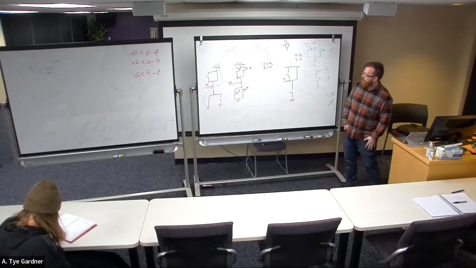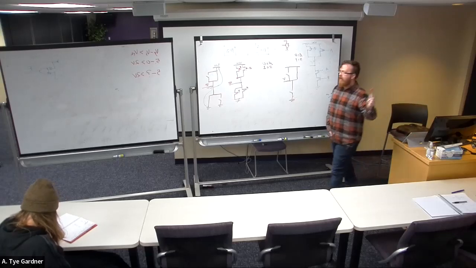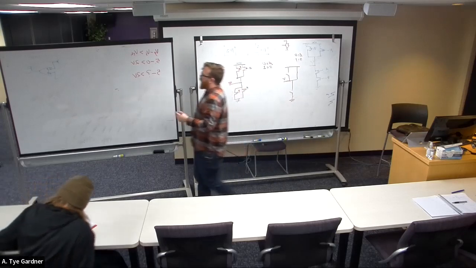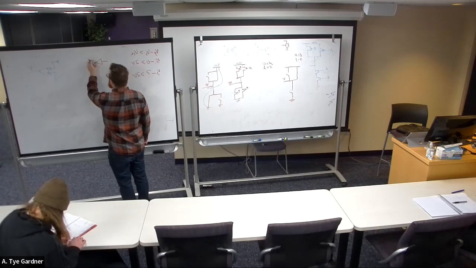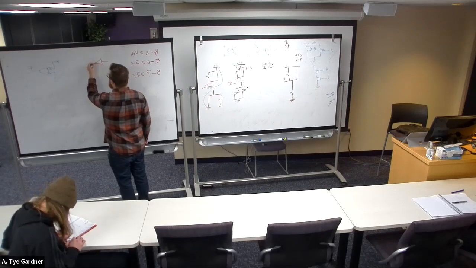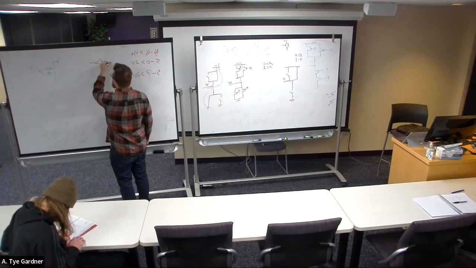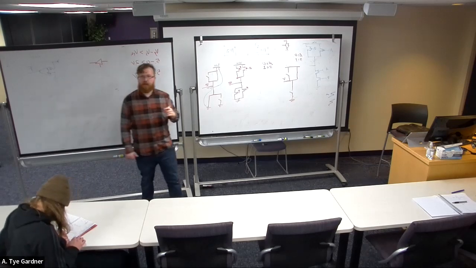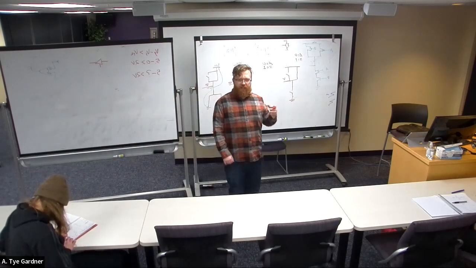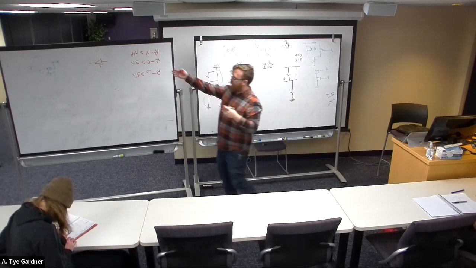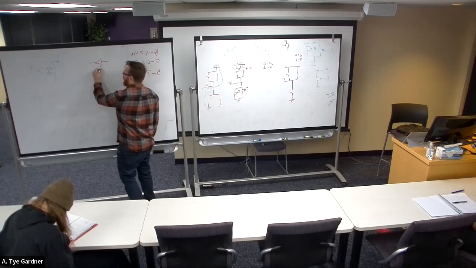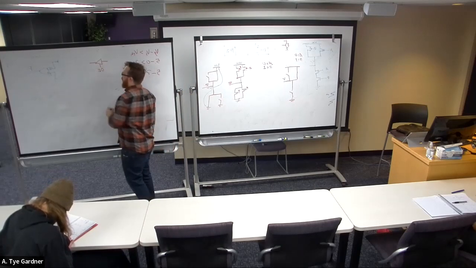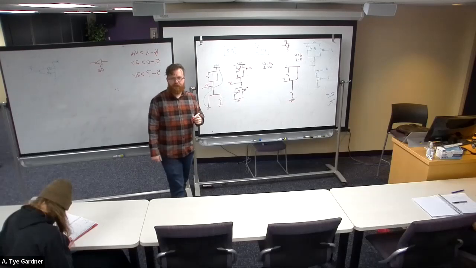Okay. Oh yeah, one more device that I have to cover before we move on. Let's say we have this device that I just drew up right here. This is what we call an output enabled inverter.